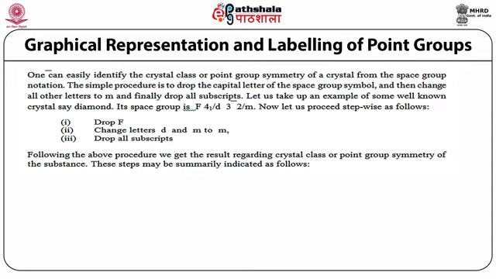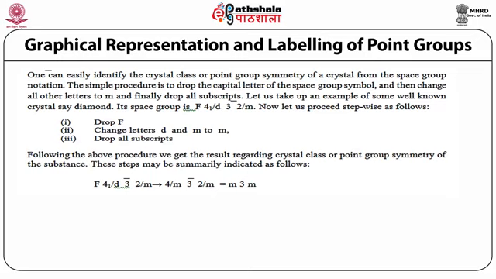These steps may be summarily indicated as follows. Capital F 4 subscript 1 by d, 3 bar, 2 by m, becomes 4 by m, 3 bar, 2 by m, that is, after dropping capital F.